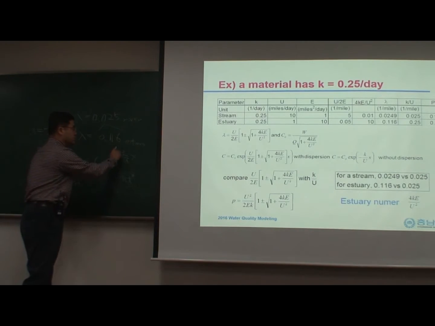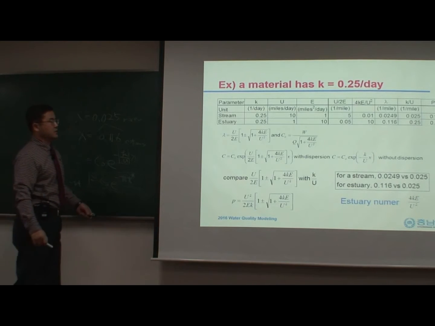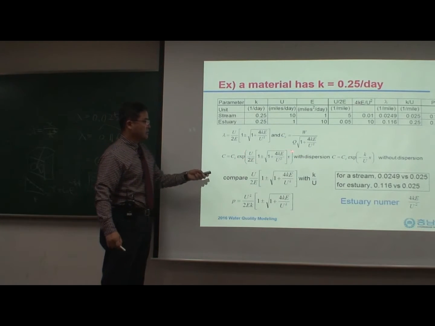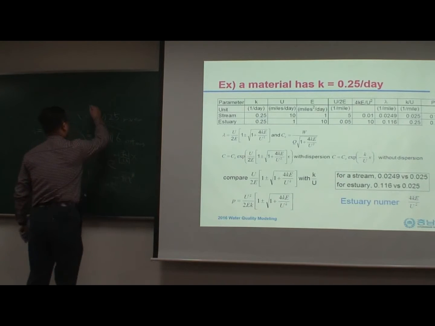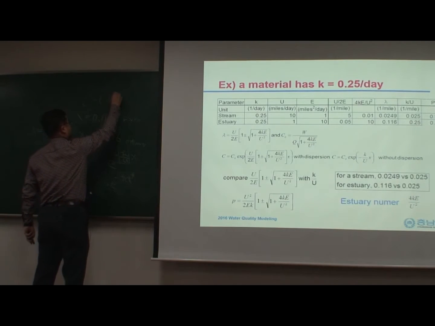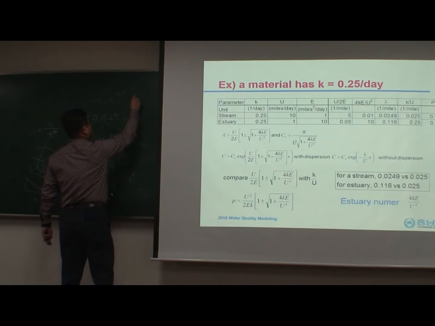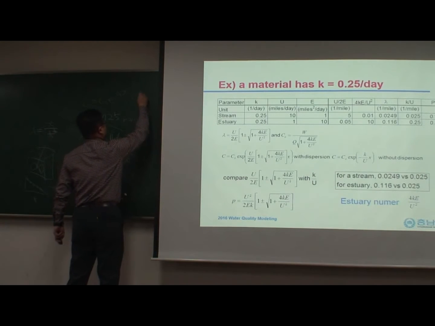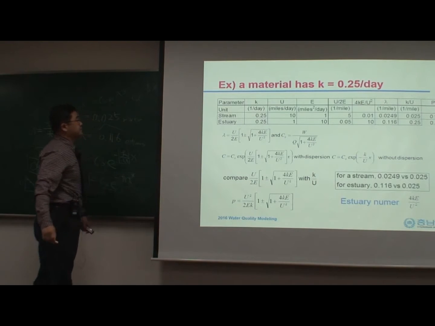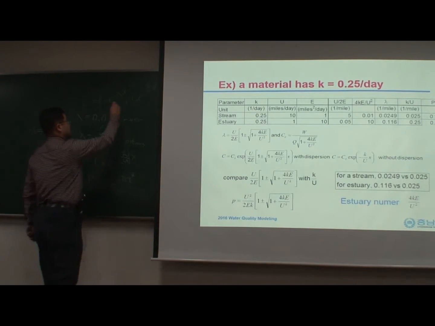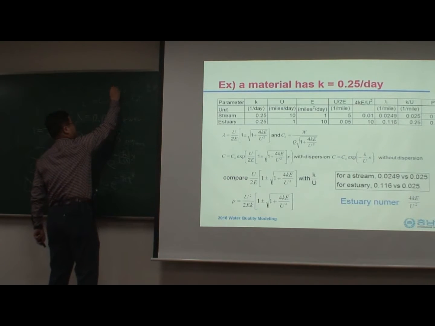So we will use this part to compare, because we know our estuary system has lambda x, right? So we have two different systems. And I think this one can be minus as well, okay?